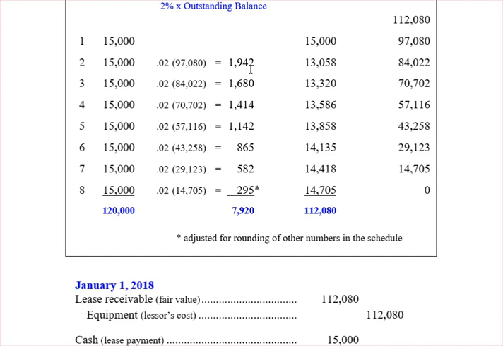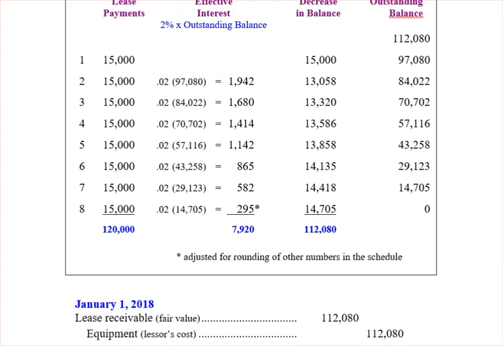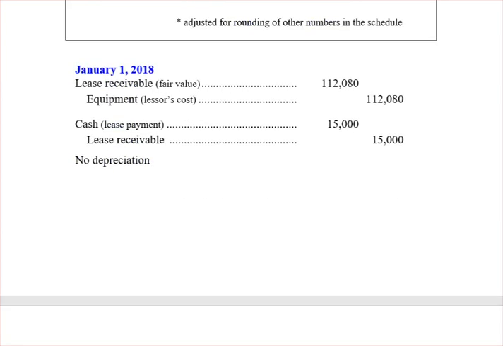Now, you take your equipment off the books. And then what you do, you turn around and you record on the very same day cash coming in. There is no interest in this cash because it's the same day. Time has not passed. You do not get to record interest revenue.